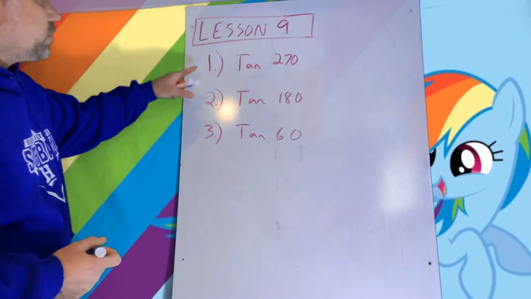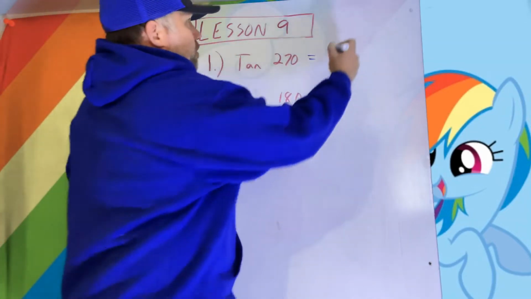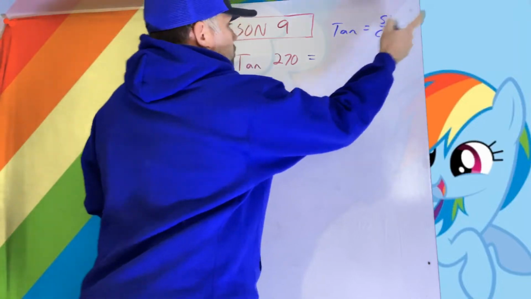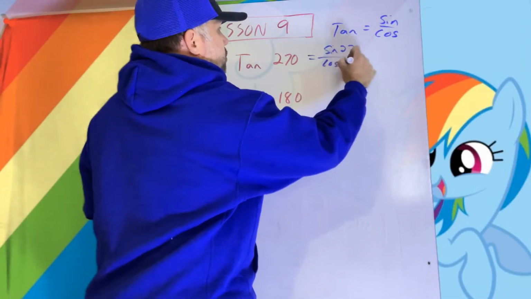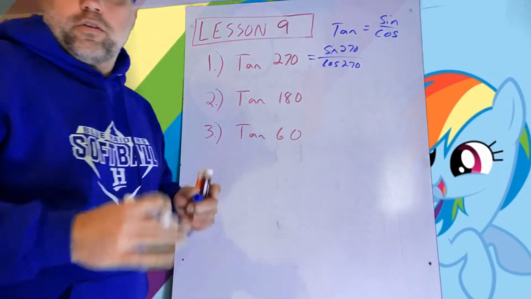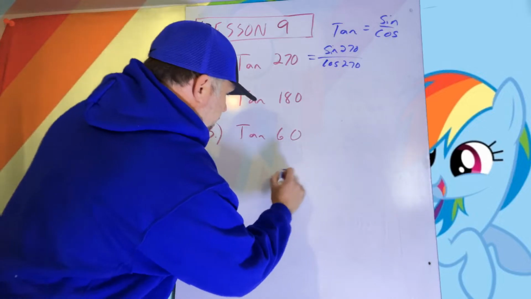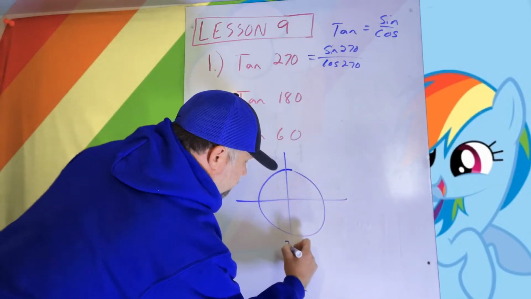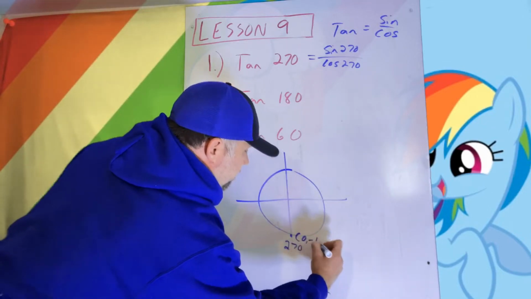All right, the first one, the tangent of 270. The way I'm going to get that is I'm going to use the idea that we learned that tangent is sine over cosine. So I'm going to find the sine of 270 and put it over the cosine of 270. Where are those going to come from? They're going to come from the unit circle. 270 is right down here. 270 has coordinates 0, -1.